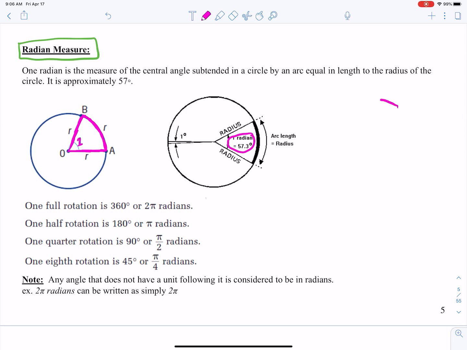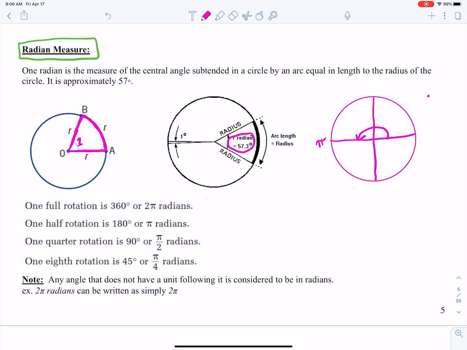So if I have a circle, from here to here would actually be pi radians.